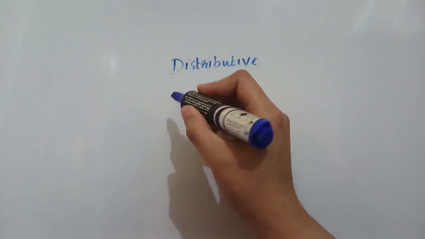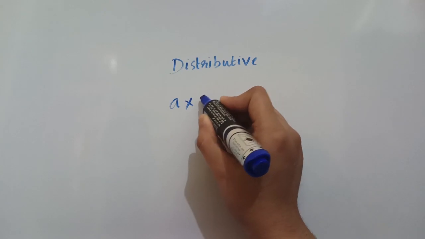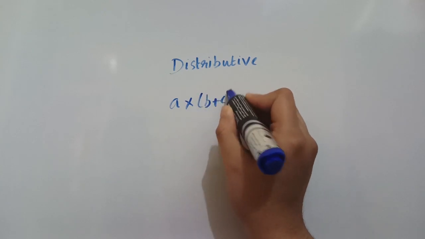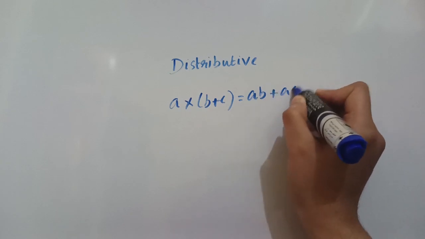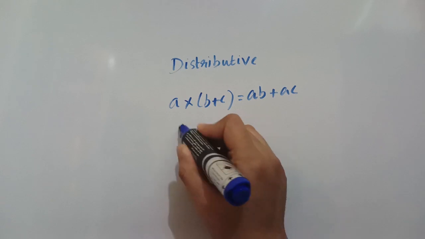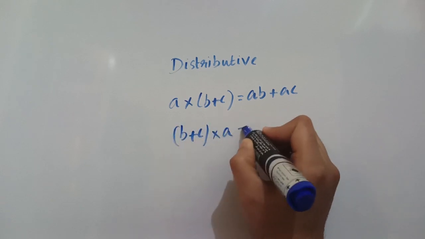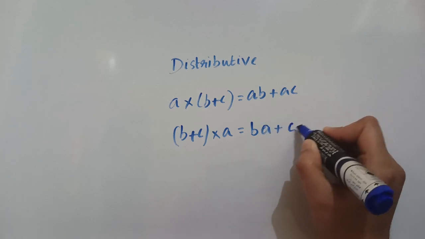Next one, distributive. It says that a into (b plus c) is equal to ab plus ac. Also, (b plus c) into a is equal to ba plus ca.